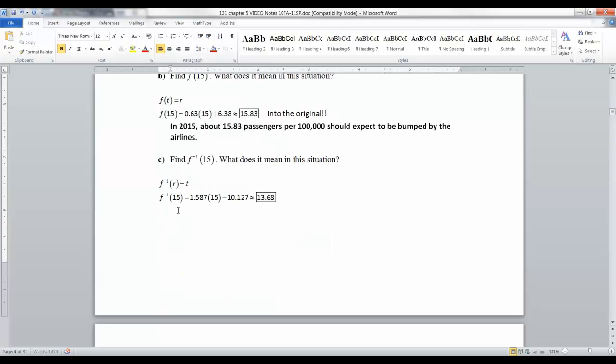Okay, now remember, this is going backwards, so it's saying the airline passenger bumping rate will be 15 per 100,000 passengers in about, here, it's in 2013, but it's late, so by 2014, if I round it up.